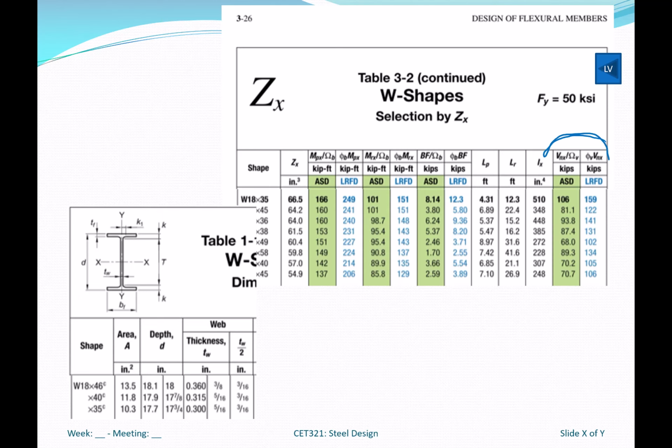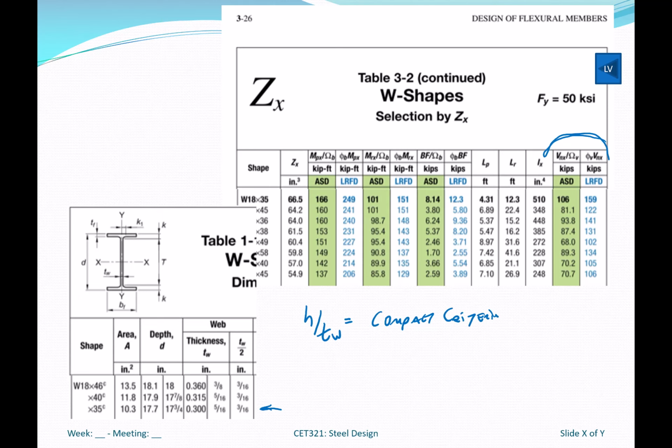So if I take a 18 by 35, the H value is, or H over TW, that's the compact criteria, just like it did before.